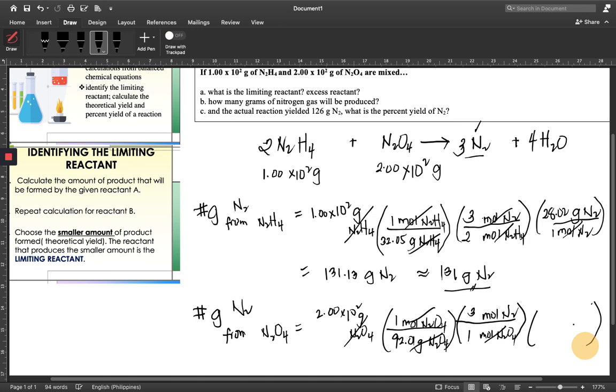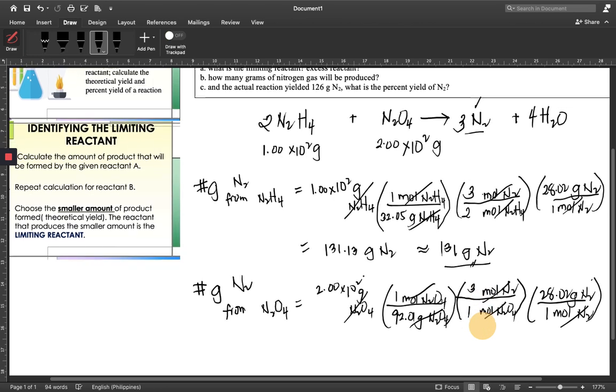And then after that, we can use the molar mass of nitrogen gas so that we can end up with the total mass of N2. So this is 28.02 grams of N2 to 1 mole of N2. Now we can cancel moles N2. Now we can carry out the operation.